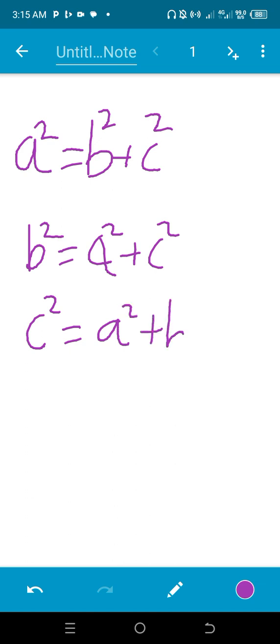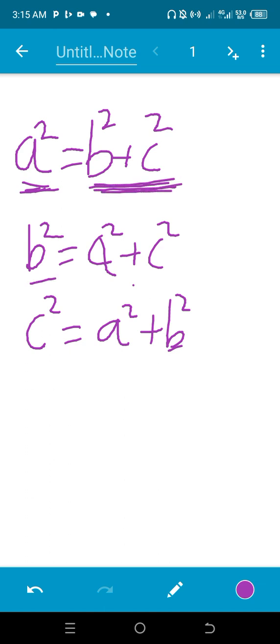So for the first part of the formula we go Pythagorean on it. Start with a squared, you get the sum of the other sides squared.